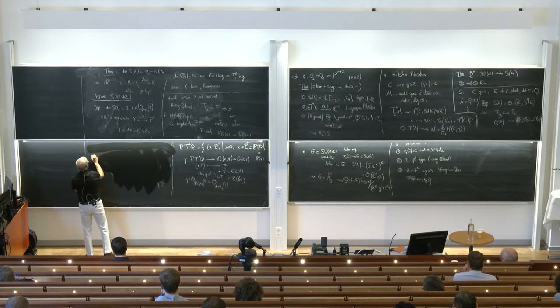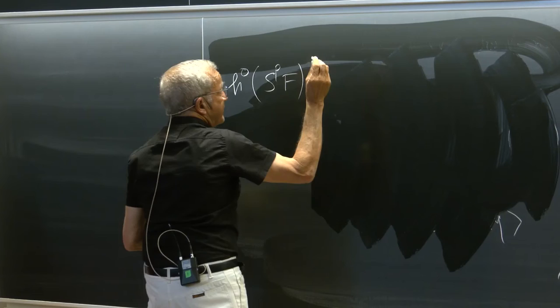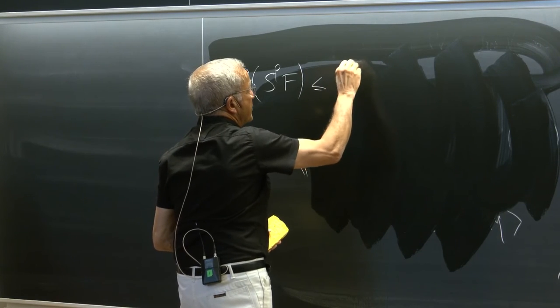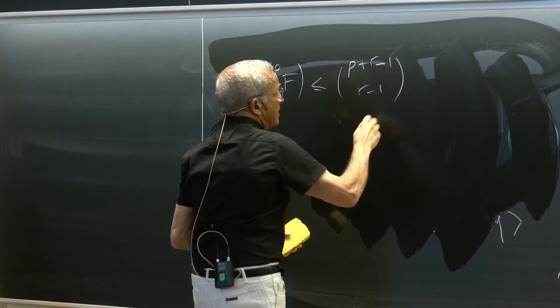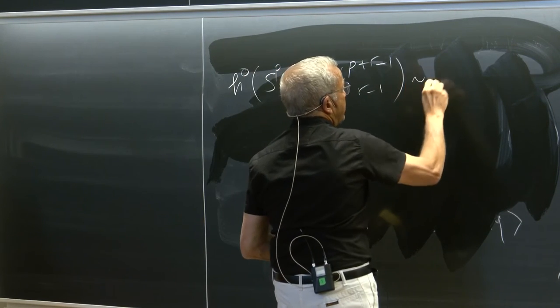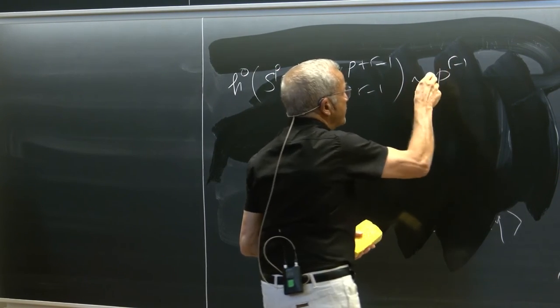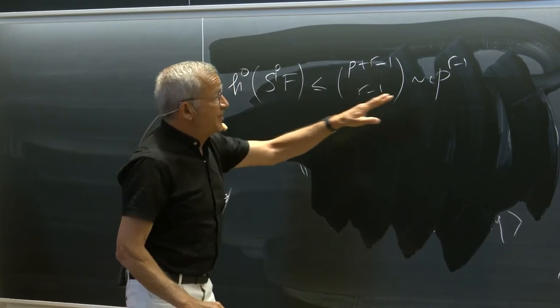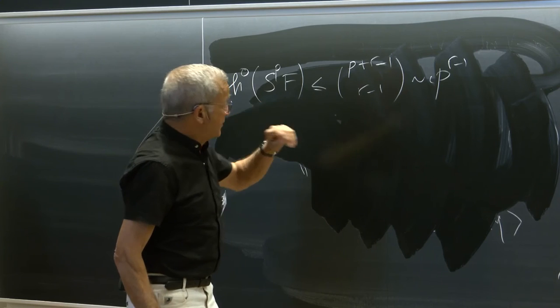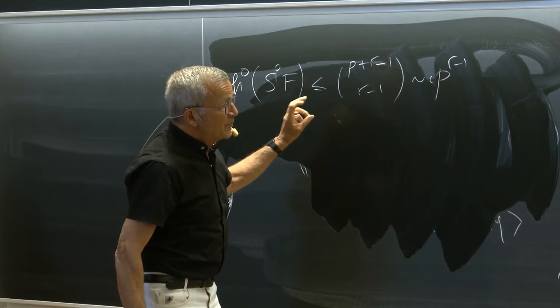This implies that h^0 of S^p F is less than the binomial coefficient, which is of the order of constant times p to the r minus 1. Now this is enough to bound.